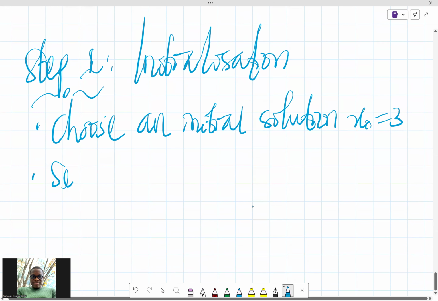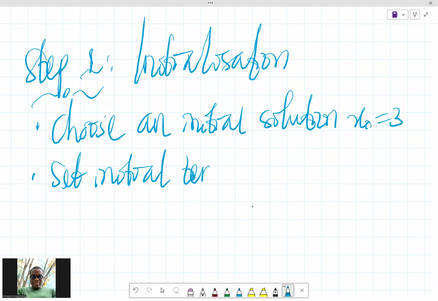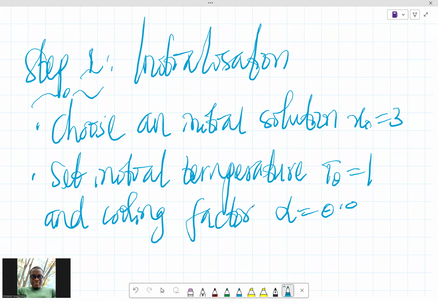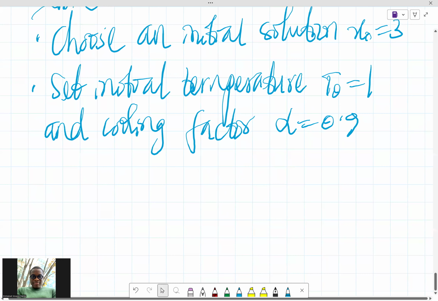Then we set the initial temperature T naught equal to 1, and a cooling factor alpha equals 0.9. So we need a cooling factor.